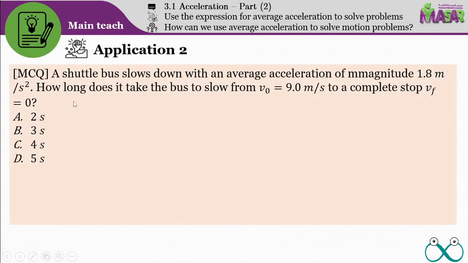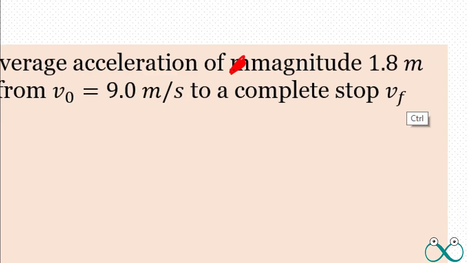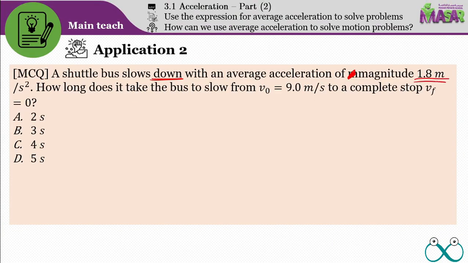Now for application 2: a shuttle bus slows down with an average acceleration of a magnitude. Slows down means it's decelerated motion. Here I want to pay your attention that in the question they provide us with the magnitude of the acceleration, which is 1.8 meter per second squared.